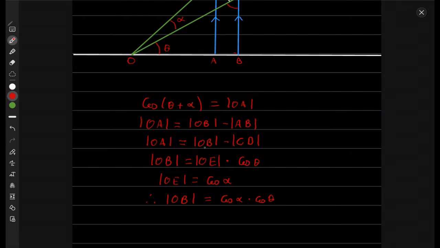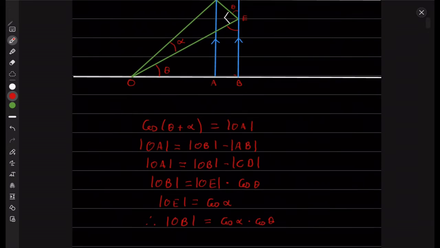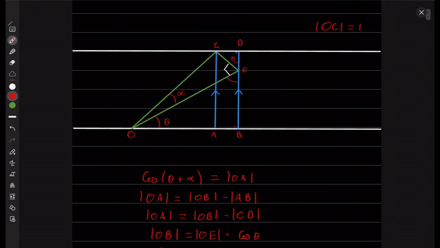We have an expression for OB now. Let's try to find an expression for CD. So CD over here, with this being theta, this is 90 minus theta, this has to be theta too. So CD will be equal to the hypotenuse CF times the sine of theta.